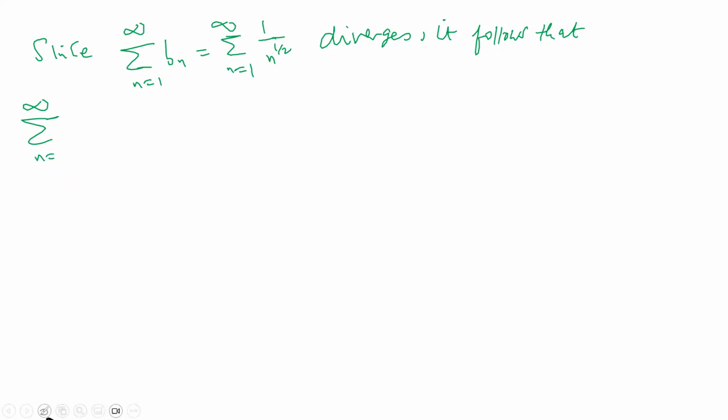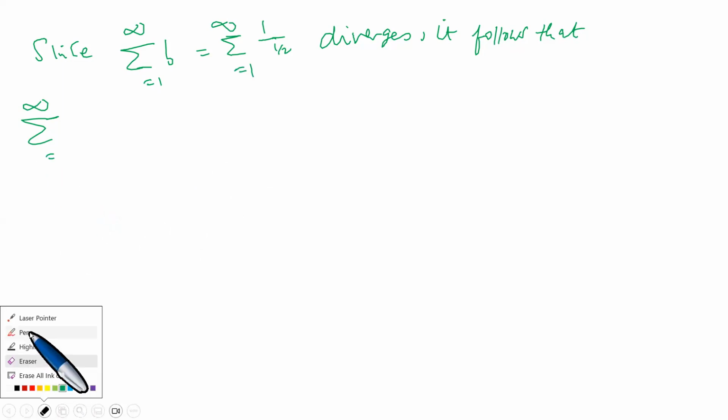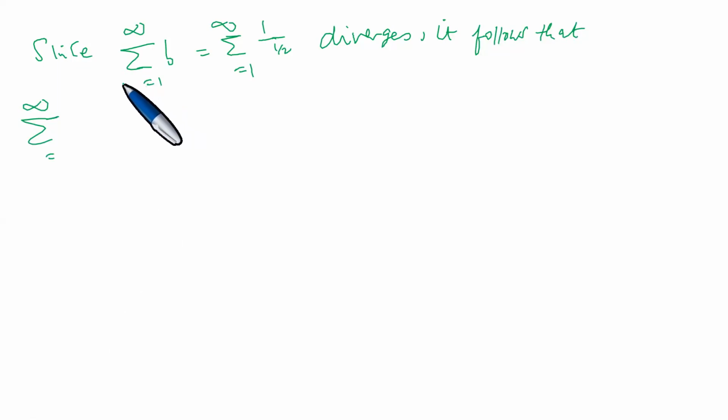Okay, so here you can just go back to the original notation. So you can go back and use exactly that notation of the R. You can use the symbol R. Since this one R diverges, it follows that R equals 1.